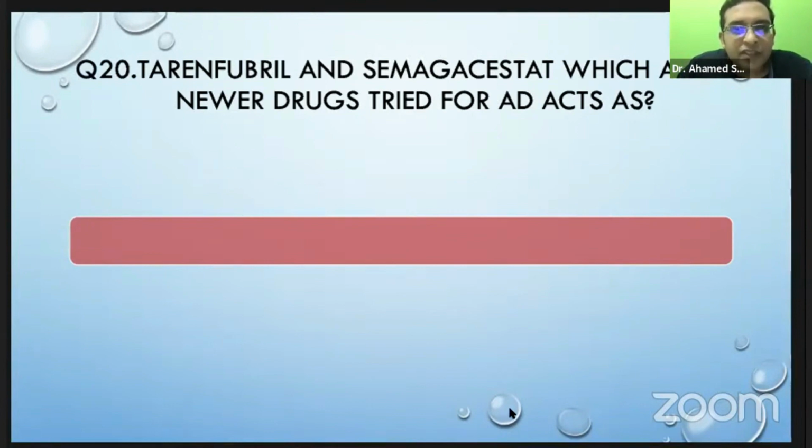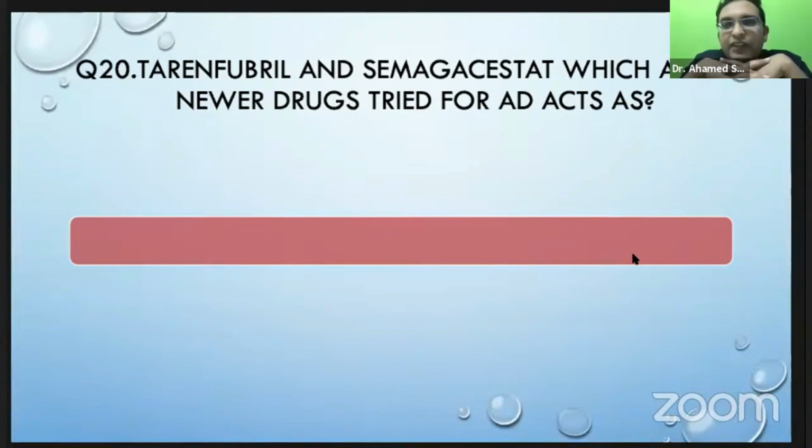Have you heard of these two drugs, Tarenflurbil and Semagacestat? These two drugs are in Harrison. There were two trials going on, and there was a lot of optimism regarding these two drugs in Alzheimer's disease. During phase 2, it was thought that they would change the course of Alzheimer's disease.